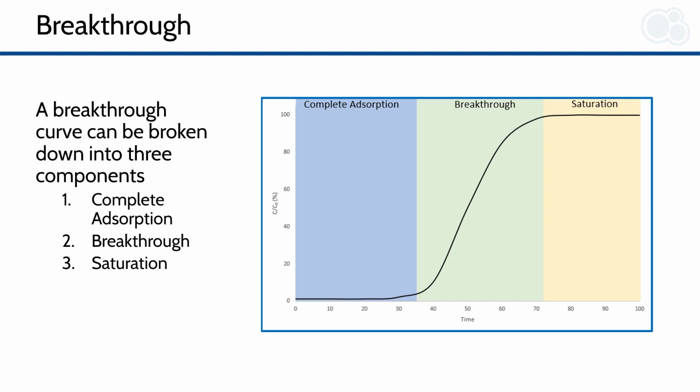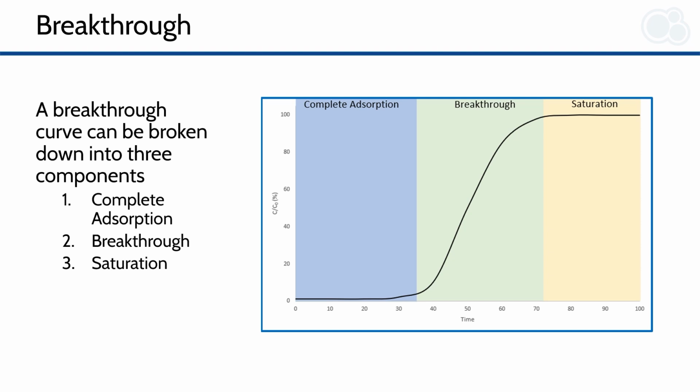After you've prepared your sample and collected your data, the data will be shown in something typically called a breakthrough curve. A breakthrough curve can be broken down into three components. The first step, shown in blue, is where essentially all of your adsorbing gas entering your column is being adsorbed, so the exit concentration that we measure is approximately 0.